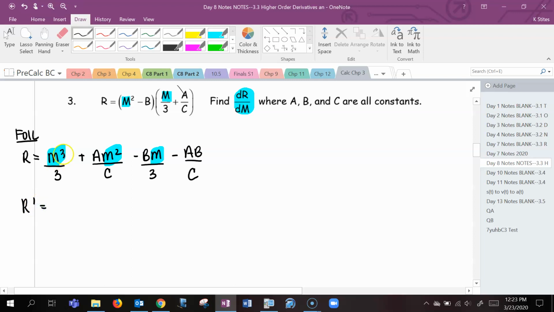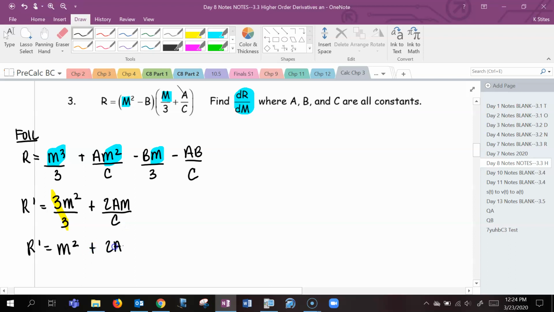So I have m cubed, that's the variable, that's become 3m squared, it's still over 3. So these will cancel, and I'm just going to get m squared plus, basically taking the derivative of the m squared, bring your 2 forward, 2am over c.